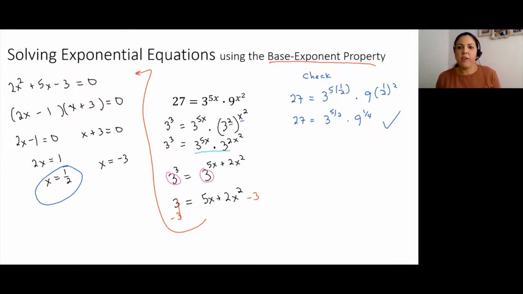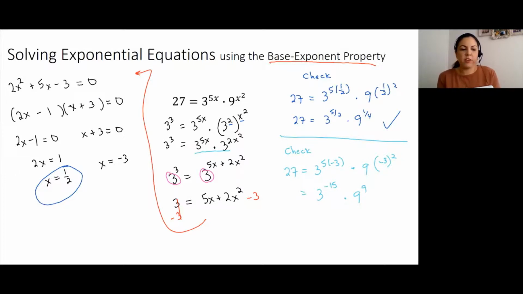I'll also now check that with my second answer, x equals negative 3. So again, in my original problem, everywhere there's an x, I'm plugging in negative 3. So that means I have 3 to the negative 15 power times 9 to the 9th power.